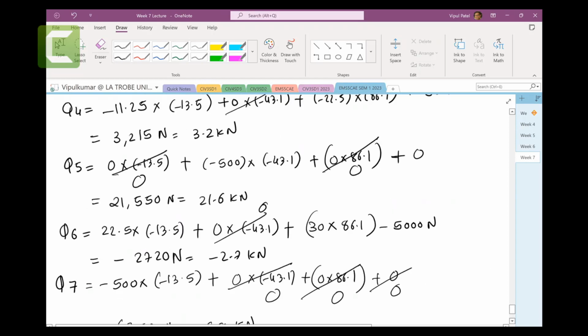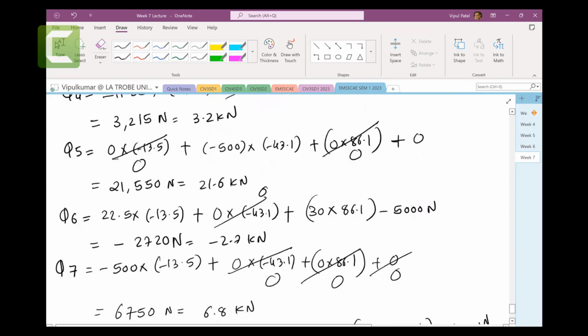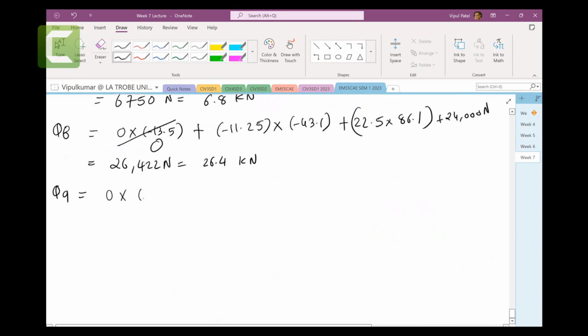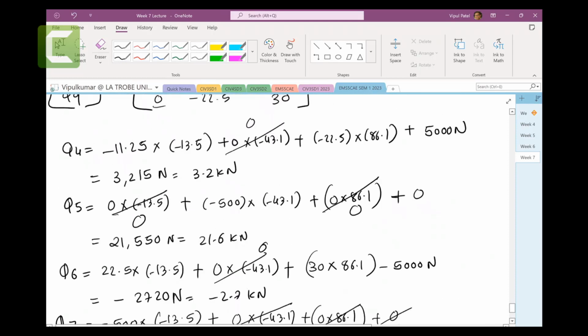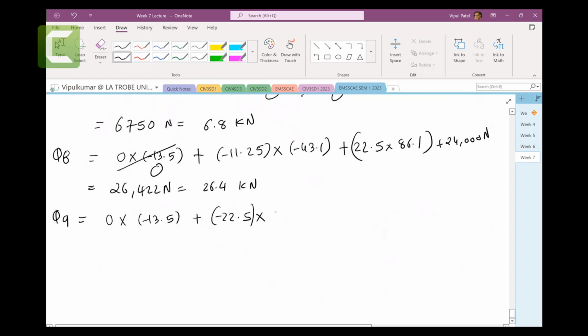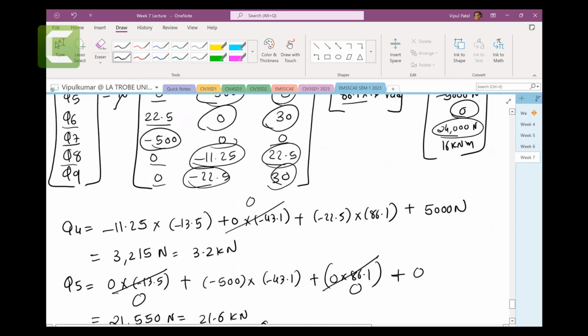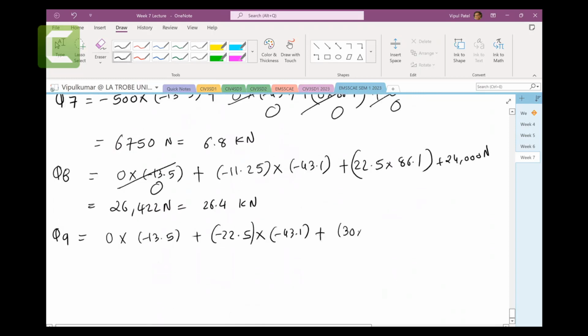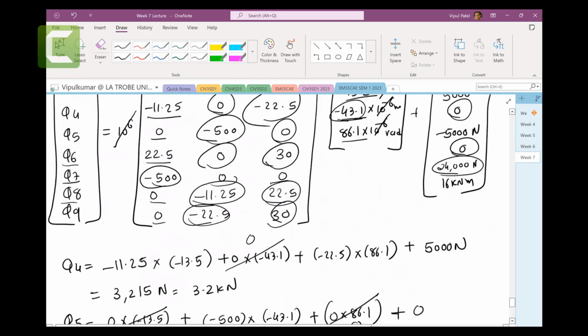Q9, last one. 0 first, then second one minus 22.5 plus 22.5 times minus 43.1 plus 30 times 86.1 plus 16,000 newton millimeters.